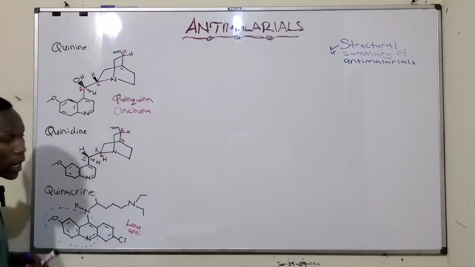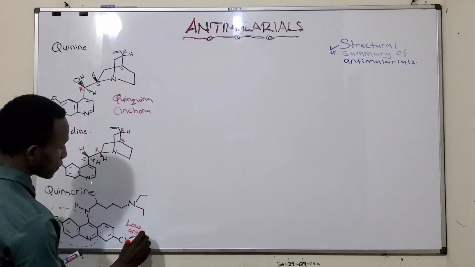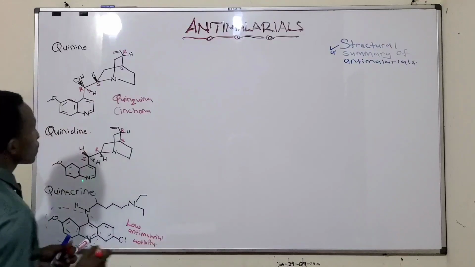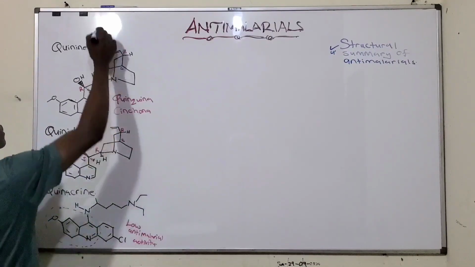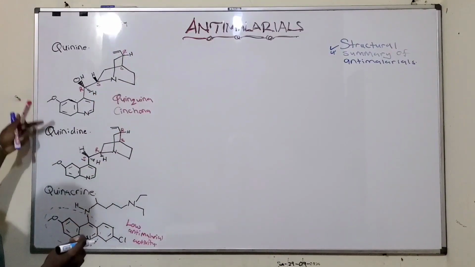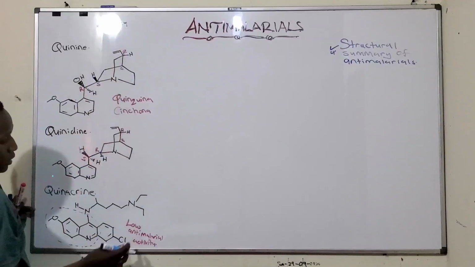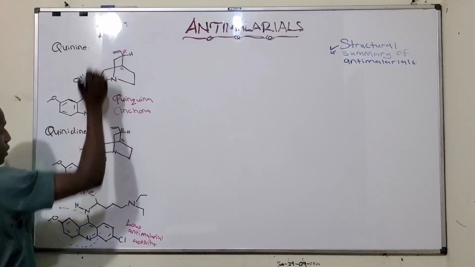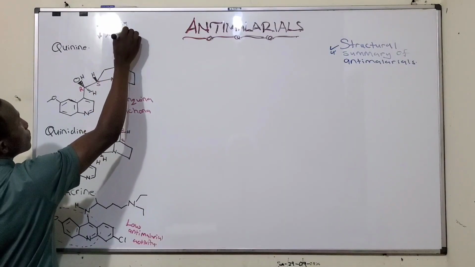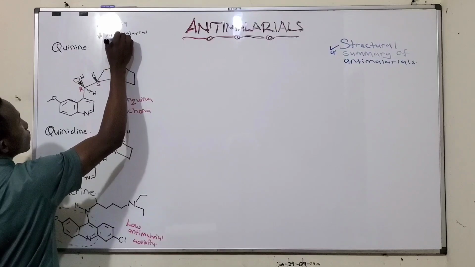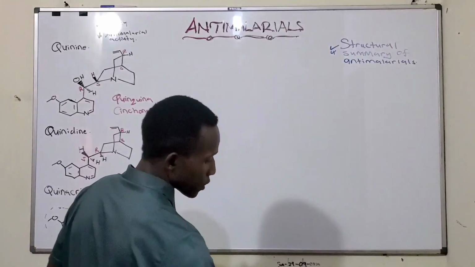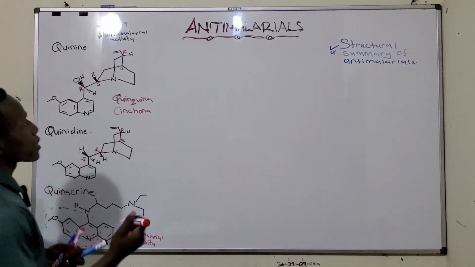So they had to synthesize other drugs which had better antimalarial activity. So the problem was the decrease in supply of these antimalarials from the cinchona bark, and also the low antimalarial activity of quinacrine. So you can see now they had to synthesize other antimalarials.